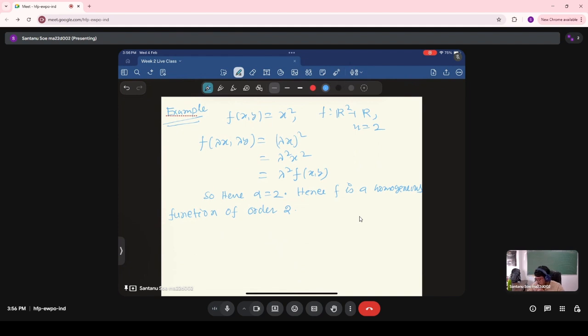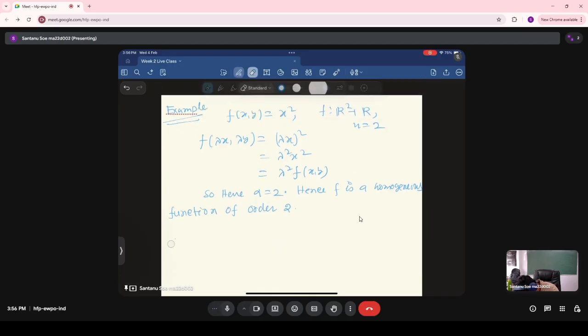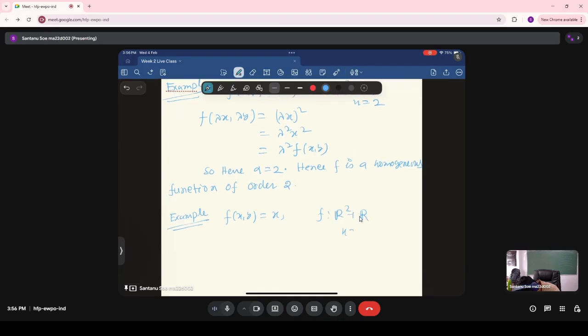Okay. So now I hope this definition is clear. So we can give another example. Let us just write this example. Just take f of x comma y equals x. This is also a function from R2 to R. n is 2, dimension is 2. Then simply f of lambda x comma lambda y is nothing but lambda x, which is lambda times f of x comma y.